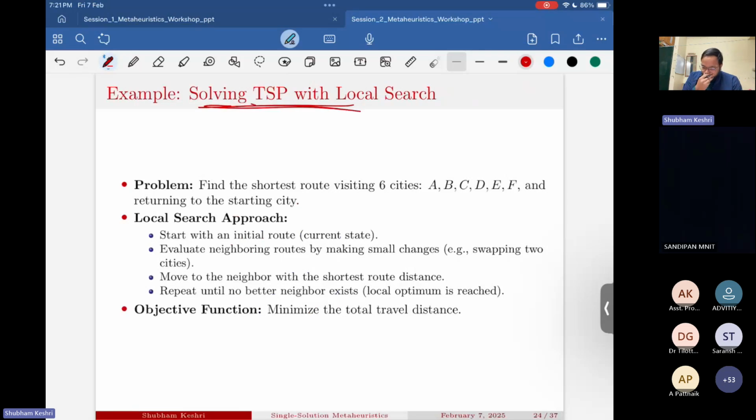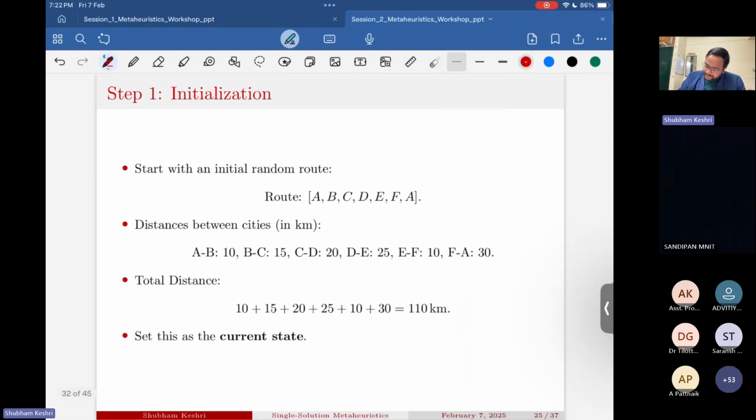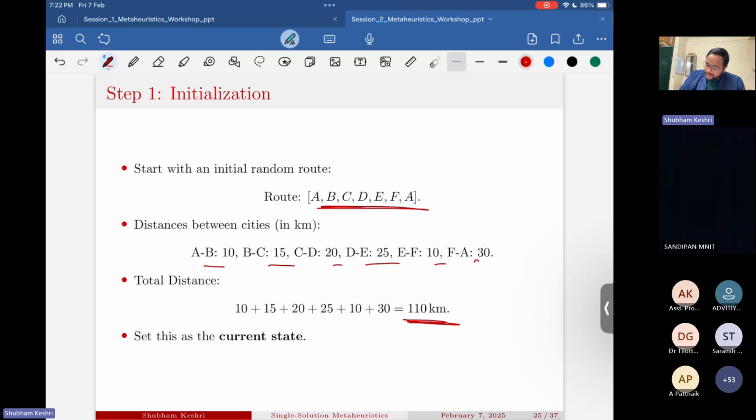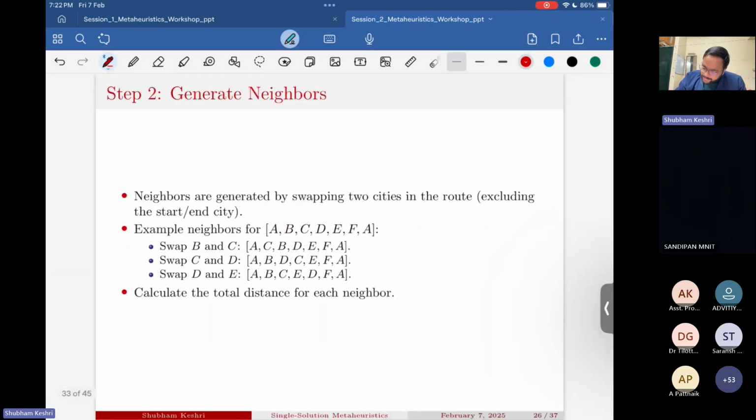So I have taken a traveling salesman problem example. Yes, it's very simple. You can just see this is the starting solution, initial solution. These are the distances I have mentioned. This is the total objective function value of this solution. And this is known as the current state or current solution, whatever you name it. Create the neighbor. I am using the swap neighborhood. So I'm creating swaps.